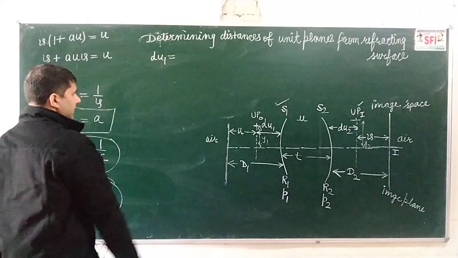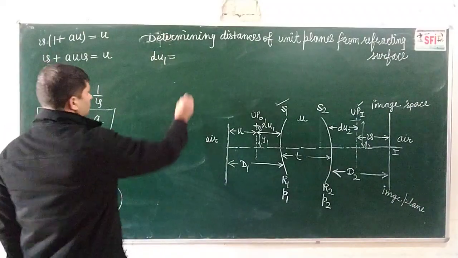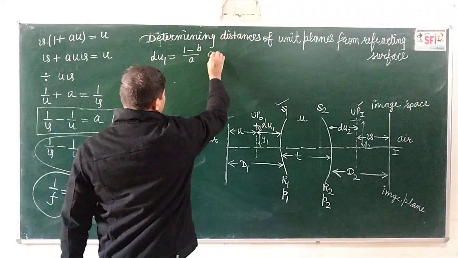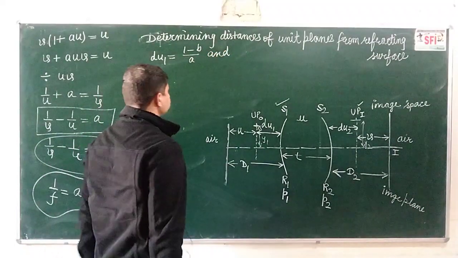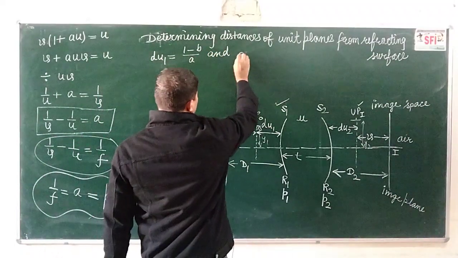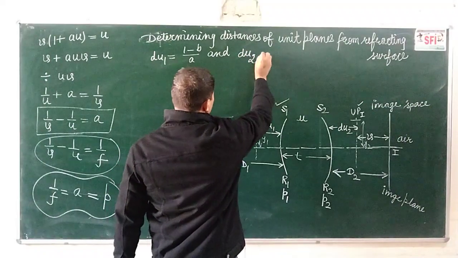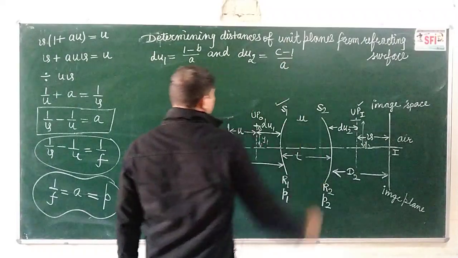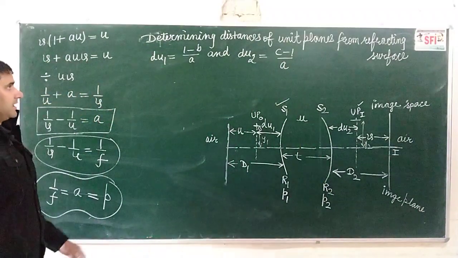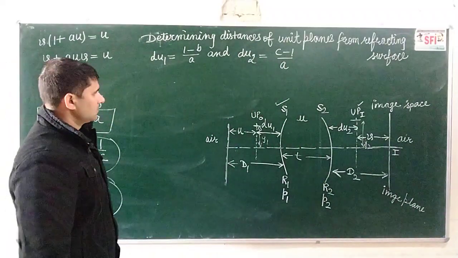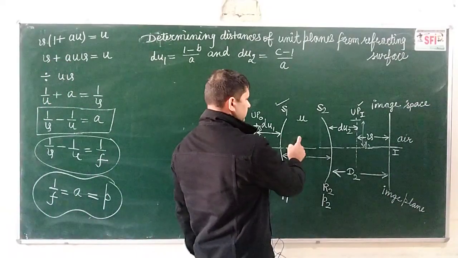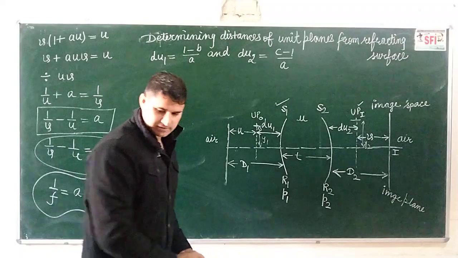We have obtained the relations du1 equal to 1 minus B by A, and du2 equal to C minus 1 by A. And what are A, B, C? They are the elements for the optical system, which is a thick lens in this case.